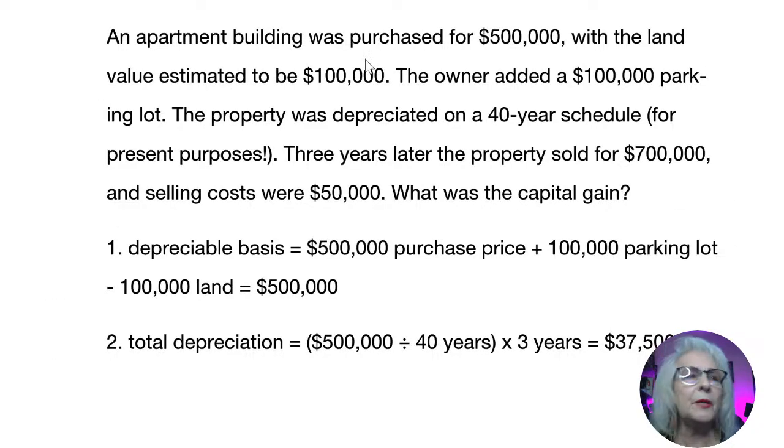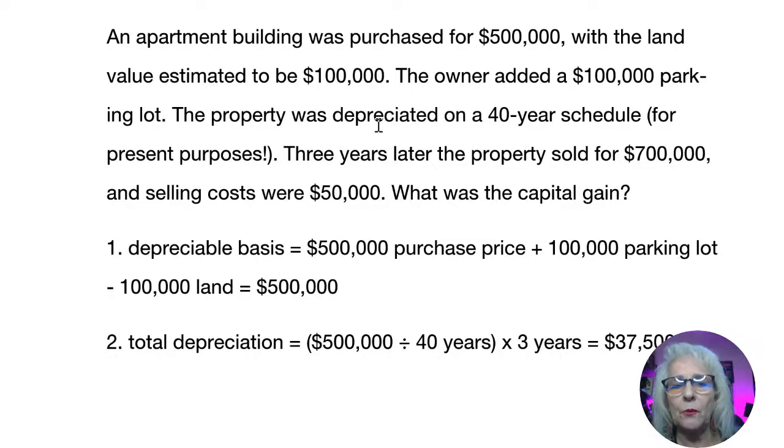So an apartment building was purchased for $500,000 with the land value estimated to be $100,000. So the land is what, 20% of the property, or 1/5, right? The owner added a $100,000 parking lot. So that increases the value. That changes the basis from the original $500,000.